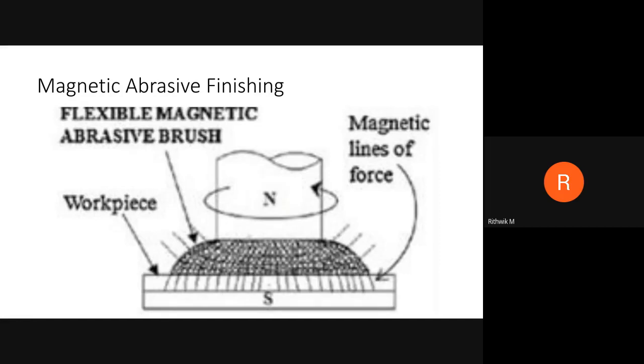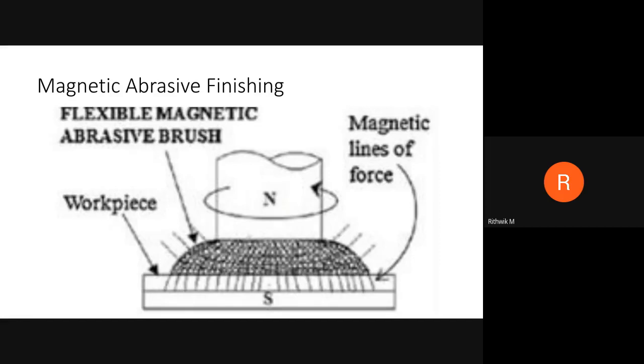The previous one was abrasive flow machining, where we use abrasive particles mixed with a carrier medium, using the ploughing action of the abrasive particles to machine the workpiece, and it is basically used for finishing operations.